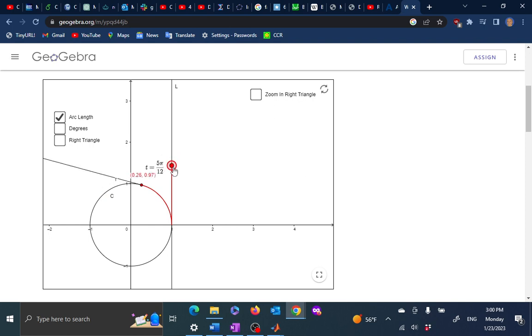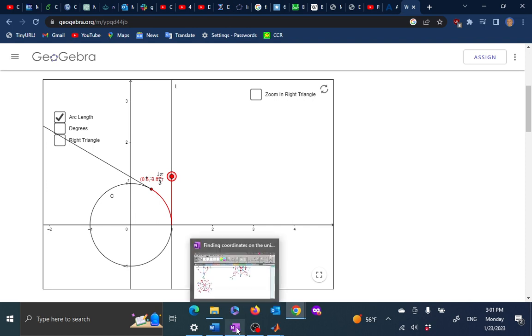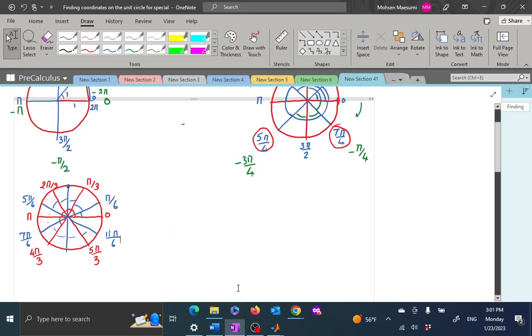Let's see if we can find something as familiar. Like here, we are at pi over third. That length of pi over third, if it is wrapped around the circle, is going to look like a picture like this. Okay, so that's step 1. We are going around the circle.